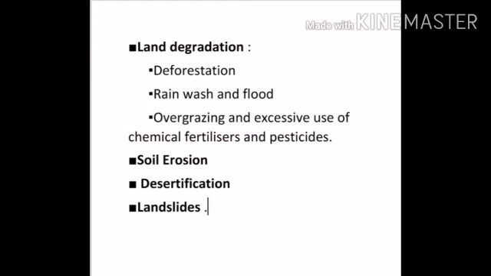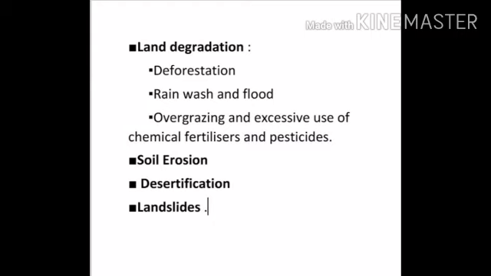And next, rainwash and flood. The washing action of rain as well as the flow of water in floods transport soil from one place to another place and are capable of erosion. And then again, overgrazing and excessive use of chemical fertilizers and pesticides also cause land degradation.